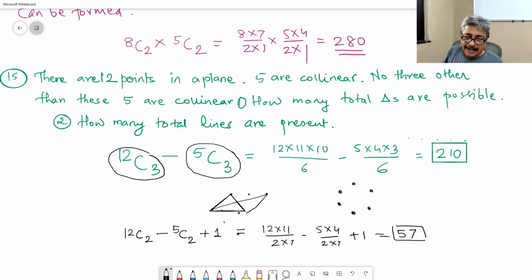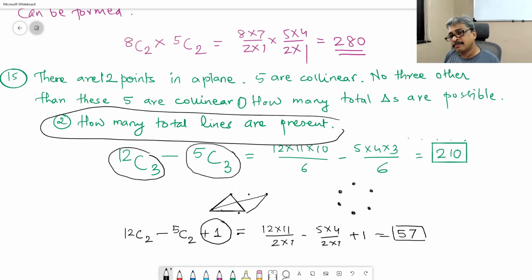Now, adding this one is the requirement of this problem, which is not the requirement of the previous problem. And therefore, we have to respect each and every problem differently. There has to be proper thinking behind every problem.